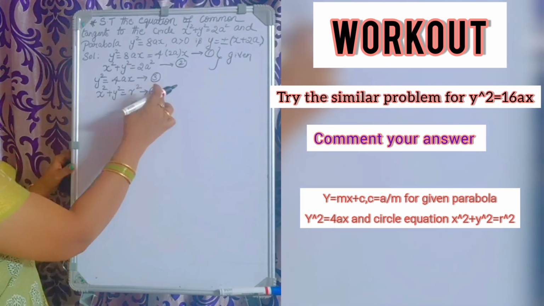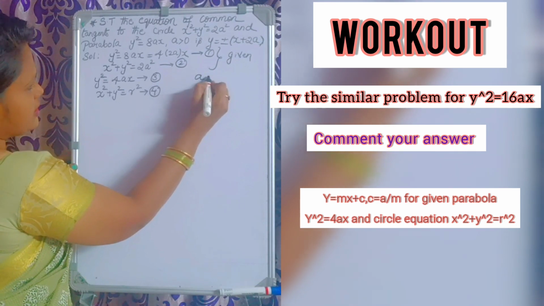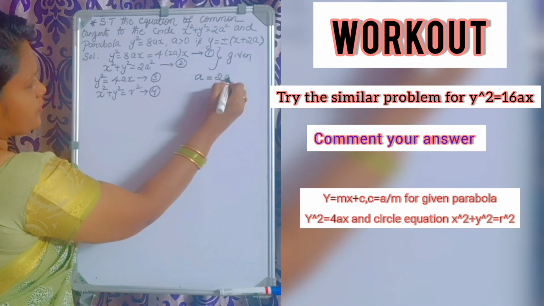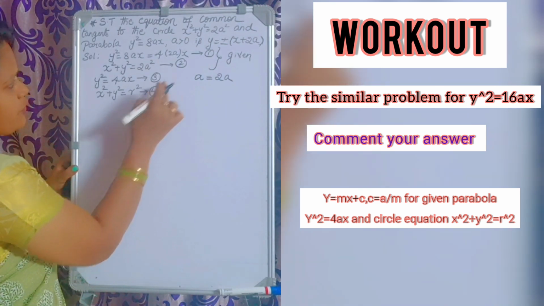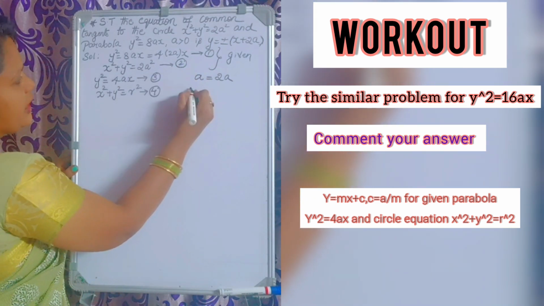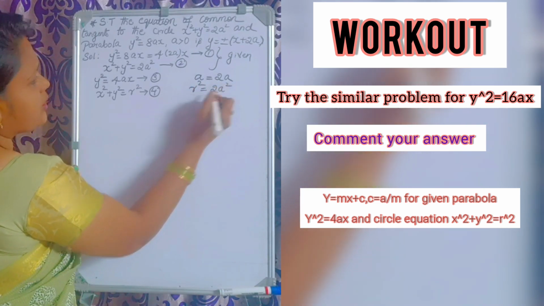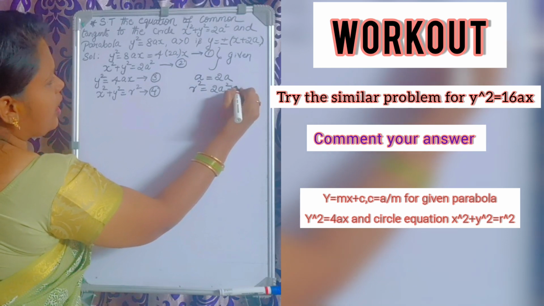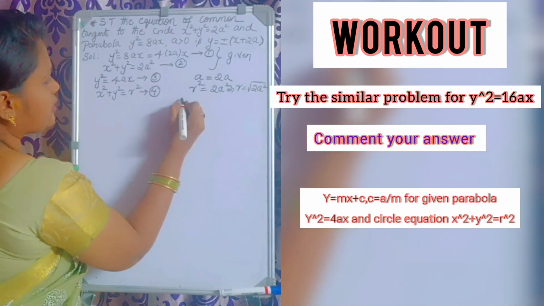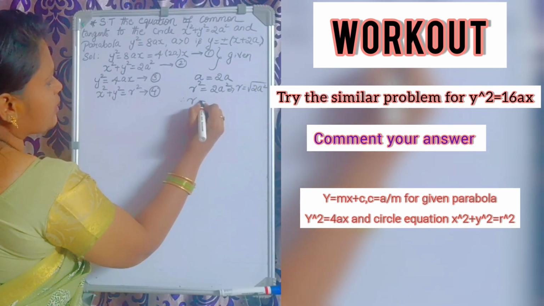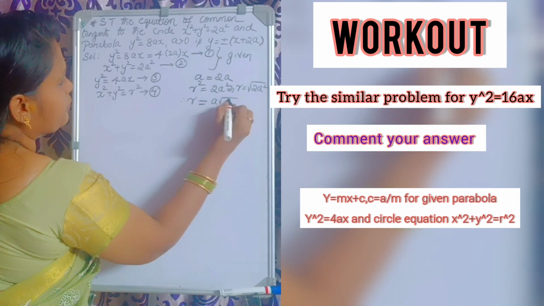Right? By comparing equation 3 with equation 1, we get a is equal to 2a here. And comparing equation 4 with equation 2, it implies r square is equal to 2a square. In other words, r is equal to square root of 2a square. Therefore, r we got is a square root of 2.